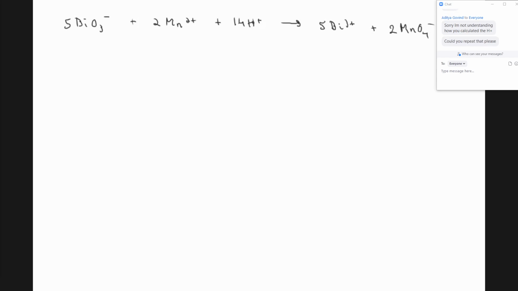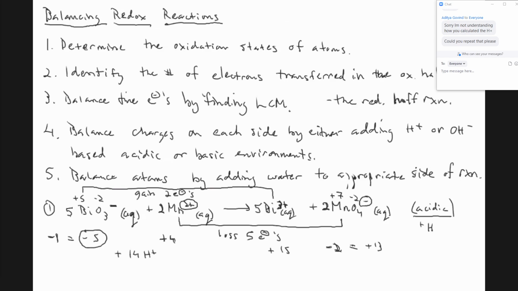Let's go back. From the previous step, this side has a +13. This side is a -1. I can only add H pluses.